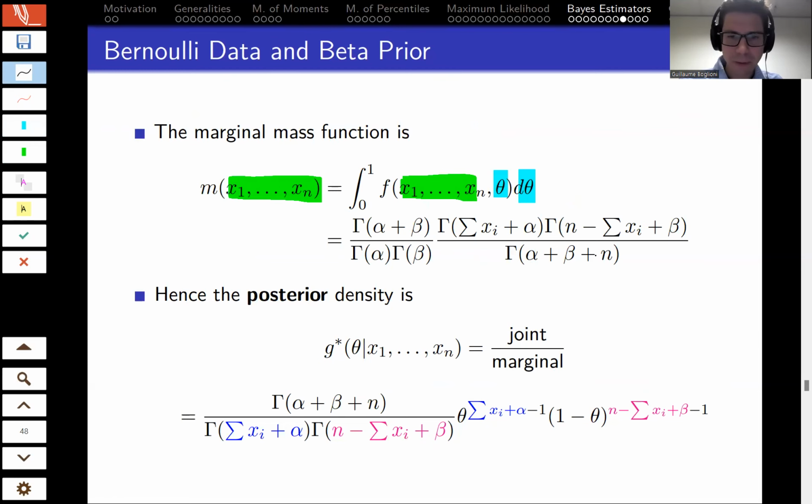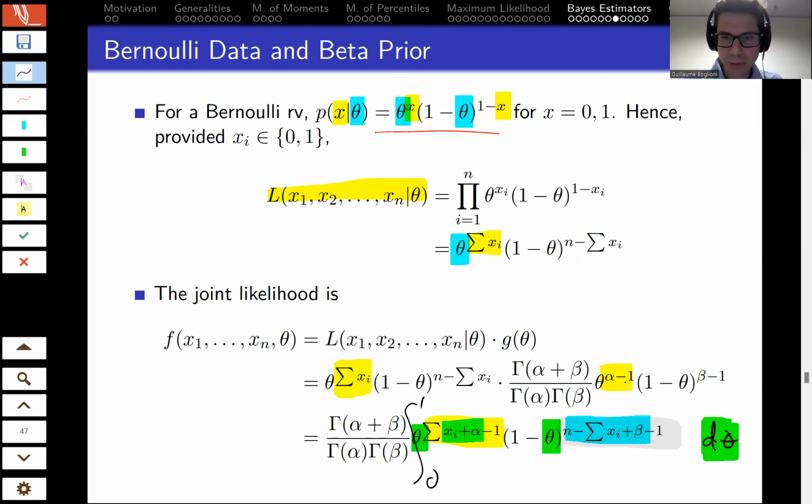And then what happens? Well, essentially, theta here, sorry.